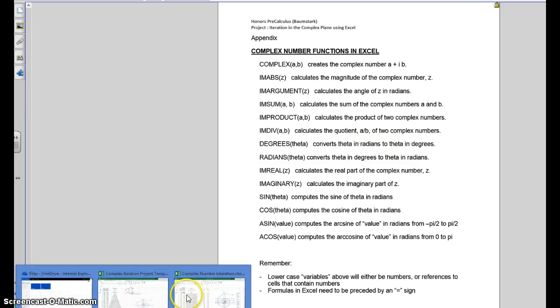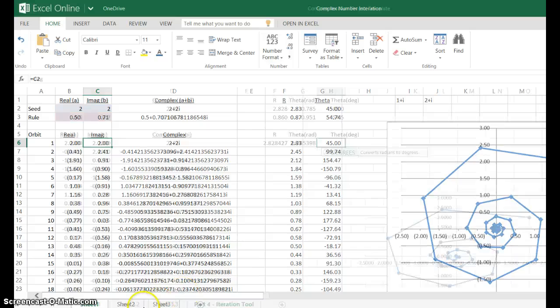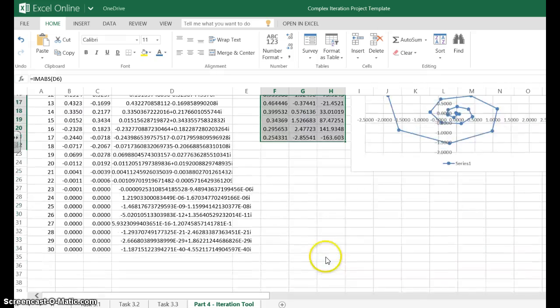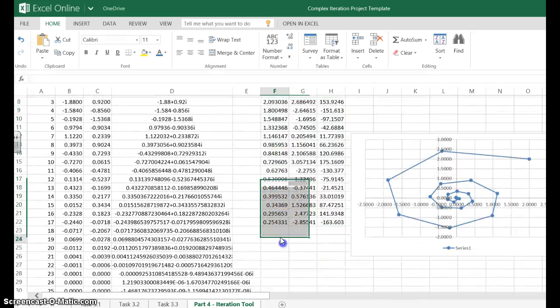So we could either do the formula ourselves or use this function in Excel. Equals DEGREES of what's in cell G6. And then I could copy these down to the 30 orbits.